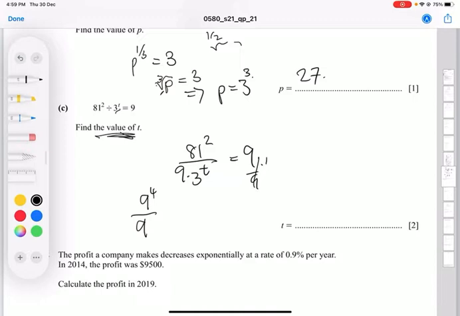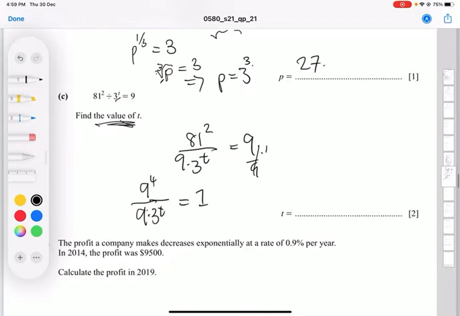Divided by 9 times 3 to the t, that equals to 1, right? So this one cancels, becomes 3, because you do 4 minus 1, right? So it's 9 cubed over 3 to the t. Now you want to bring it over, so 3 to the t equals to 9 cubed. Hopefully that's clear.